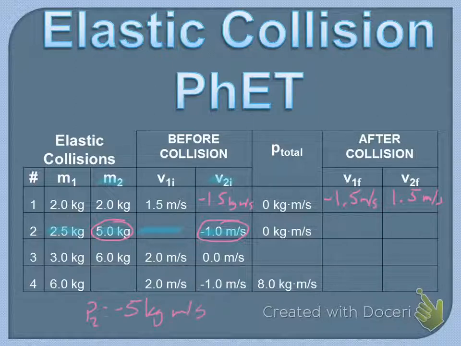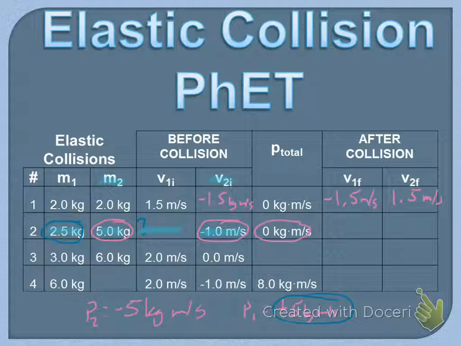And since it needs to equal 0 kilograms meters per second, then I know that momentum 1 has to equal positive 5 kilograms meters per second. So now I'm looking at this times what, right here, will give me positive 5 kilograms meters per second.